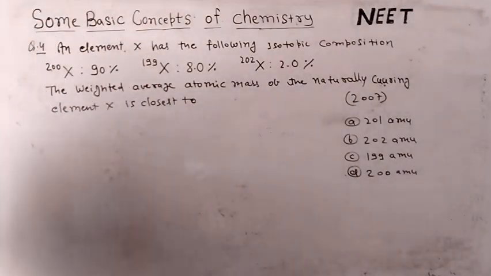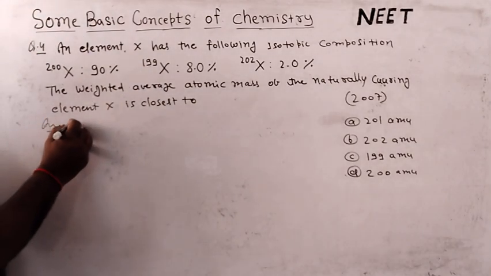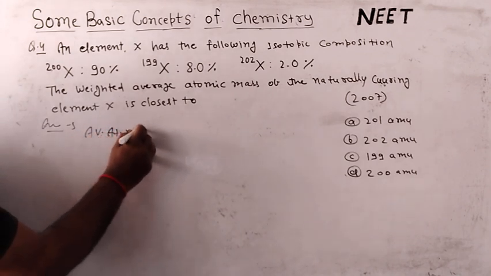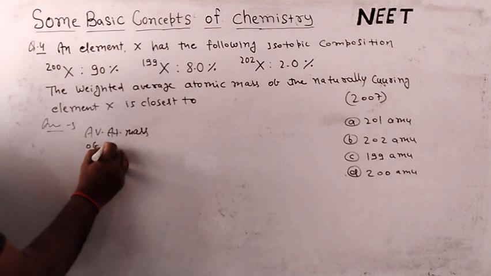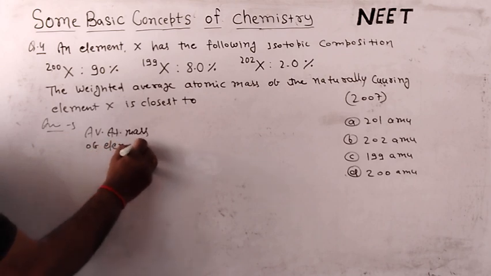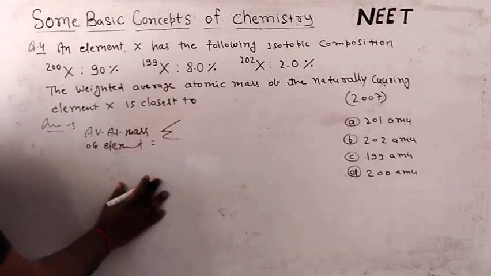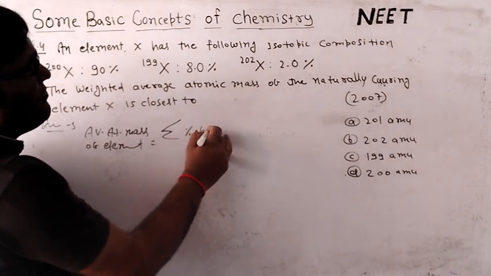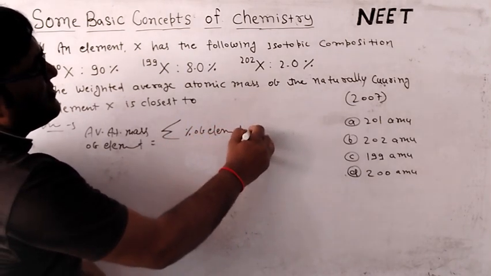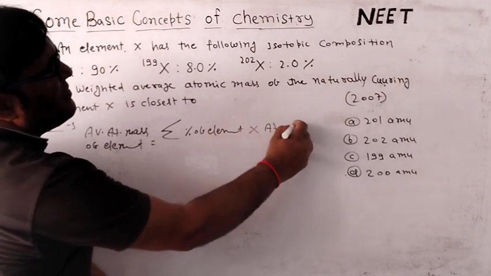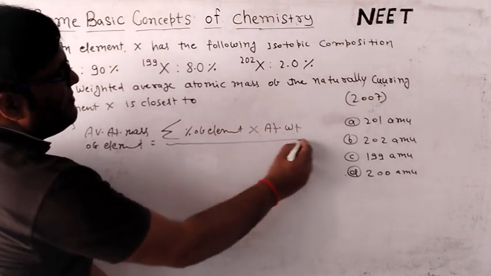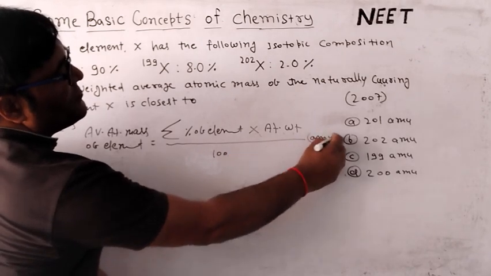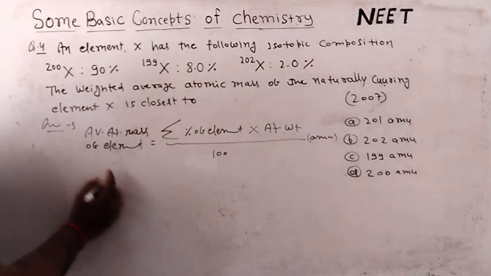Now, with the help of formula of average atomic mass, average atomic mass of element is sigma percentage of element multiplied by atomic weight of element and divided by 100 total percentage, AMU. So, this is master formula.